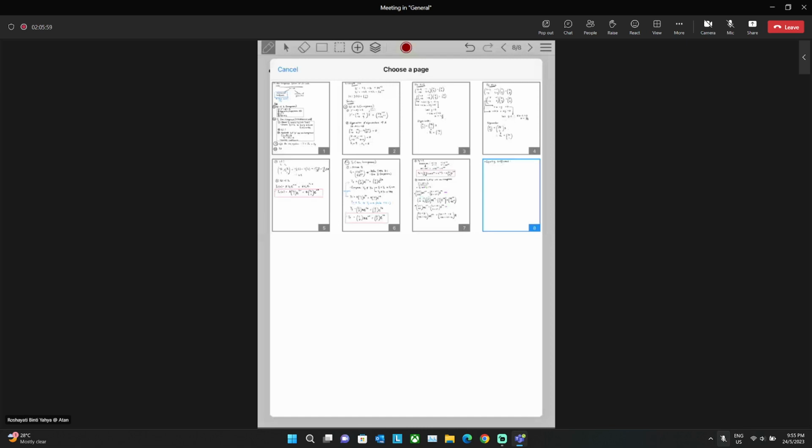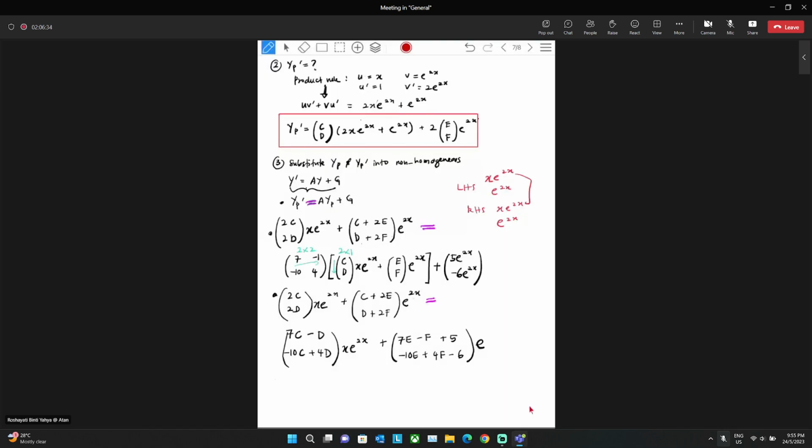First one we have x exponential to x, and then we have exponential to x, and then here on the left hand side, and on the right hand side you have x exponential to x, and then exponential to x. Okay, so this is the same with this, and this is the same with this. Is there any more? No.